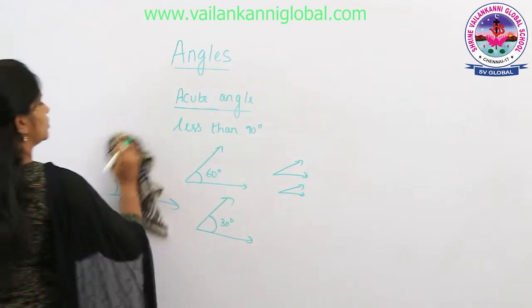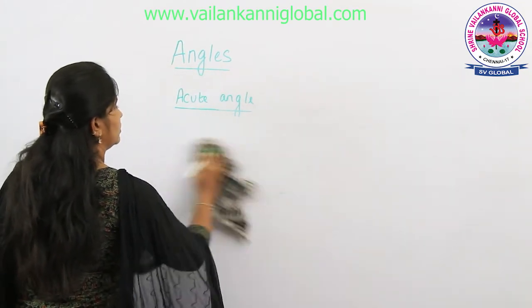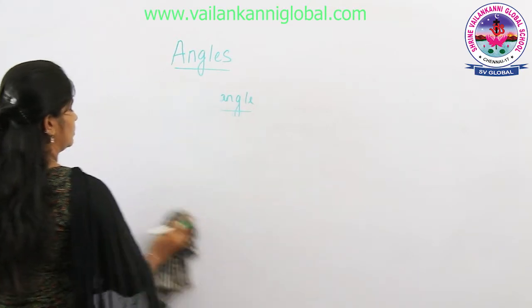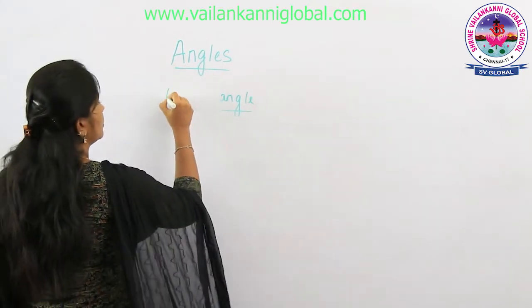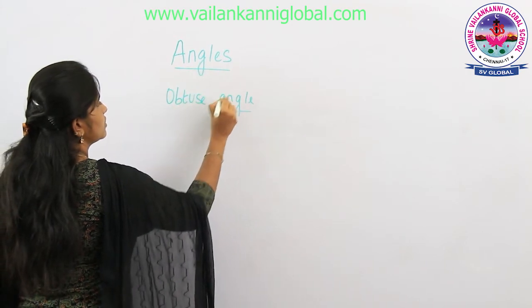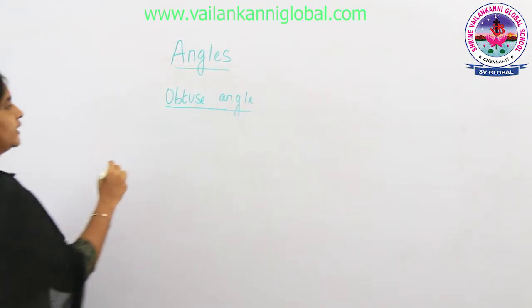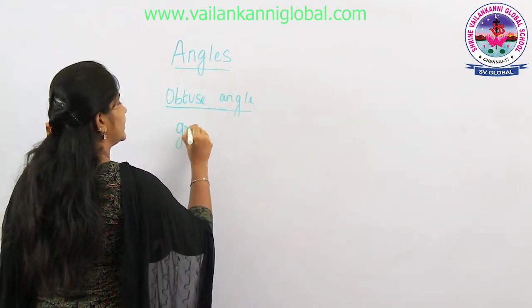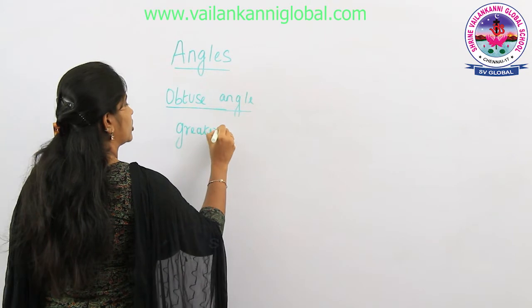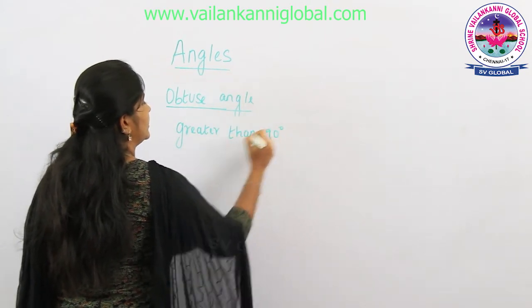Next we will see about the obtuse angle. Obtuse angles are nothing but angles that are greater than 90 degrees. Acute is lesser, obtuse is greater than 90 degrees.